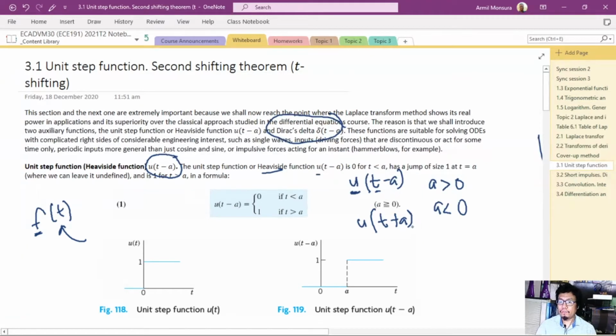So we will be dealing with this one a little bit more, because this is more realistic and more practical, since this involves delaying, or introducing a delay on your function or signal.